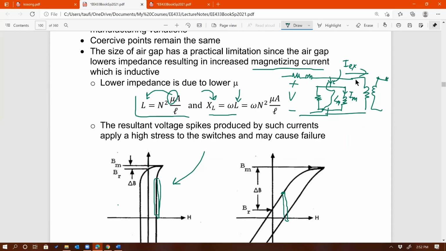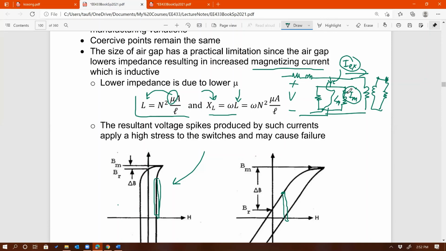If I connect the load on the secondary side, you don't want the excitation current, which translates into magnetizing current, to be big. You want it to be small, right? Any question on that? So that's another disadvantage: when you add air gap, then inductance gets lower. When inductance gets lower, then magnetizing inductance gets lower.